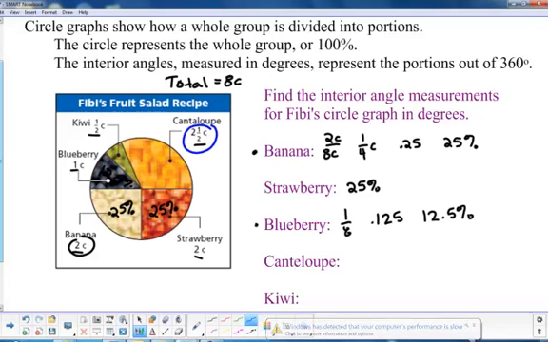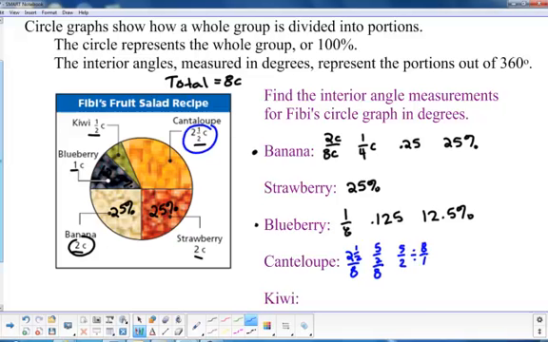Cantaloupe is 2.5. So 2.5 divided by 8. 2.5 is really 5 halves. And instead of writing divide by 8 that way, we could do 5 halves divided by 8.